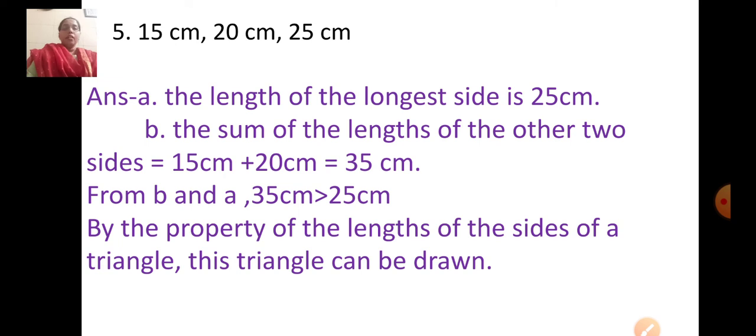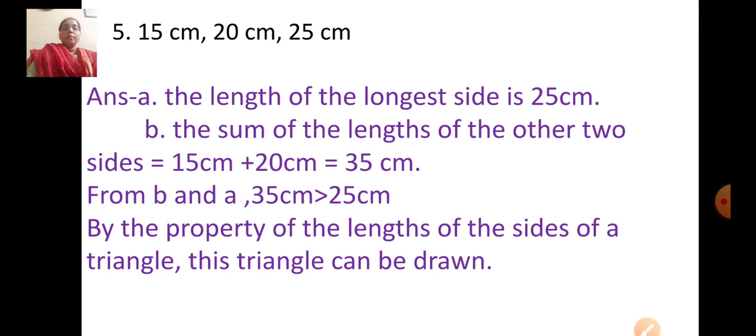15 centimeter, 20 centimeter, 25 centimeter. Here we will take the length of the longest side, that is 25 centimeter. Then we will take the sum of the length of the other two sides. Which are the two sides left, children? 15 centimeter and 20 centimeter. We are going to add it.